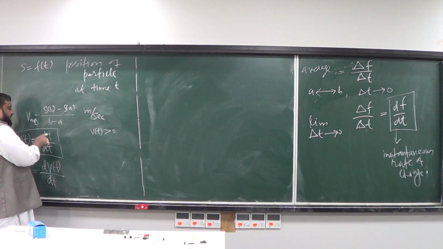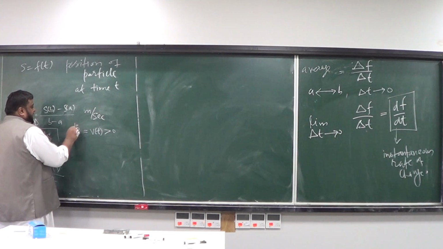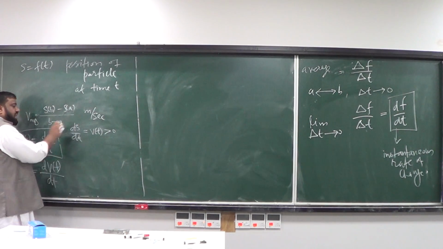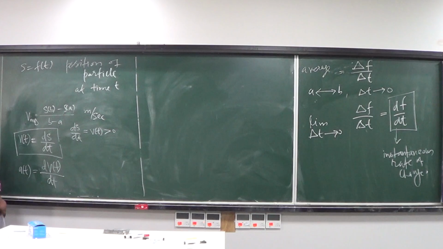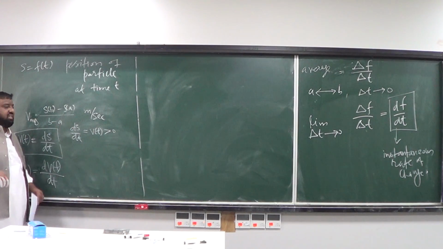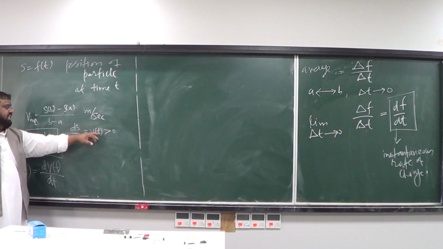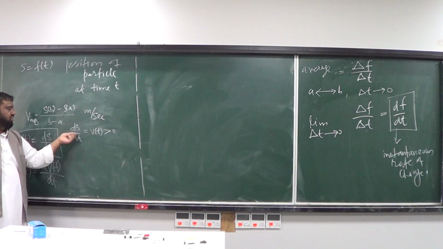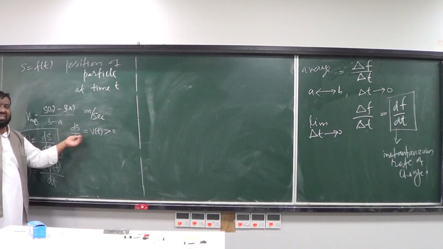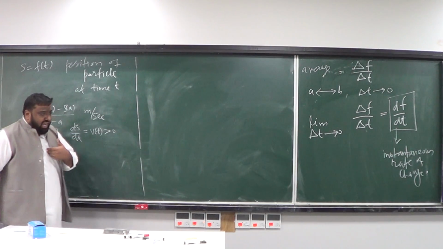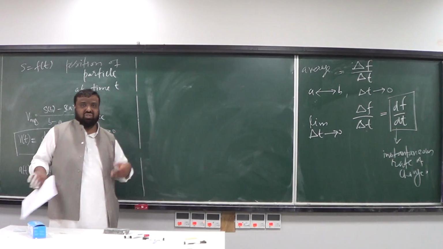The distance that you are covering, because this is ds by dt, and the derivative tells you whether something is increasing or decreasing. So if ds by dt is positive, then your distance is increasing, and hence you are covering more and more distance.